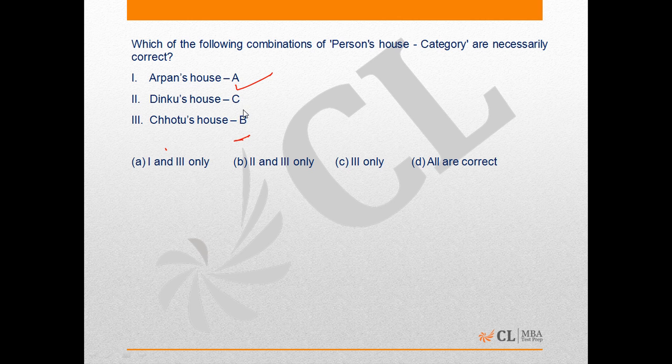Dinku's house belongs to category C cannot be said with certainty, as Dinku's house belongs to either category C or E. Now coming to the third statement, Chotu's house belongs to category B, which is definitely true. So statements first and third are necessarily correct. Therefore option A is the correct answer.